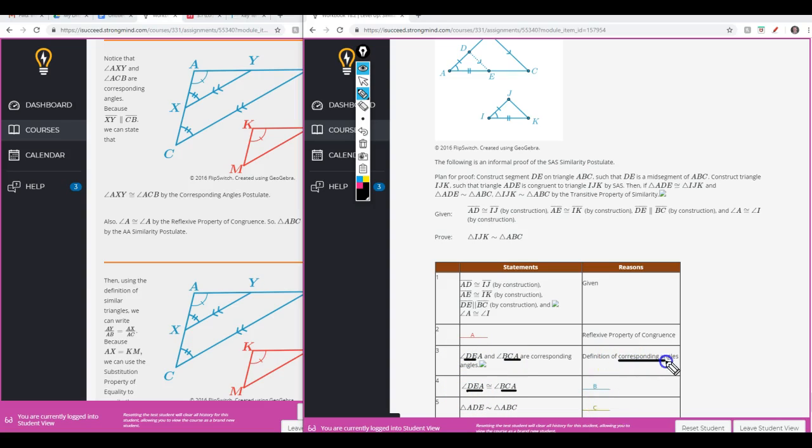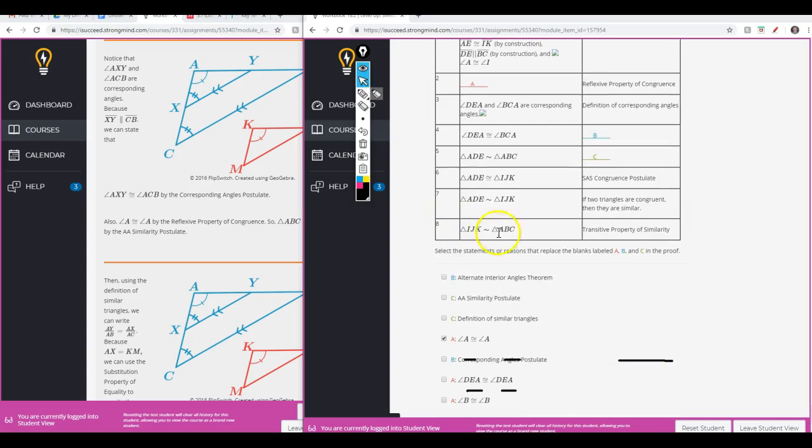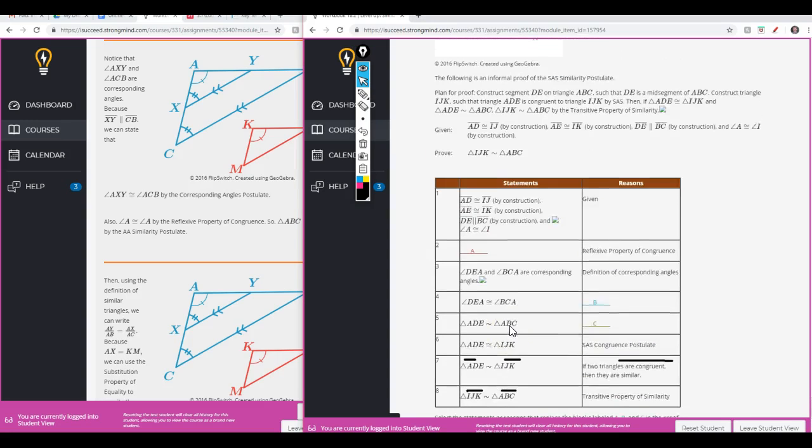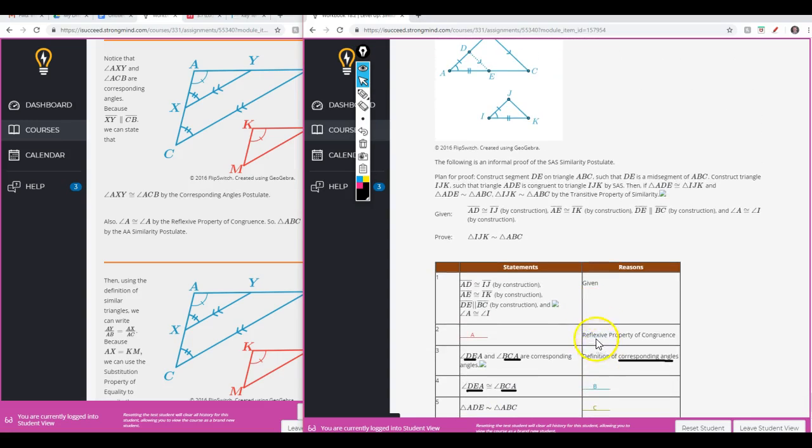We had the definition of corresponding angles, so I'm going to be leaning to look for something that has to do with corresponding angles. For B, alternate interior angles theorem, no, it doesn't have corresponding angles in it. Corresponding angles postulate, yes, that is what would logically follow based on just those context clues.